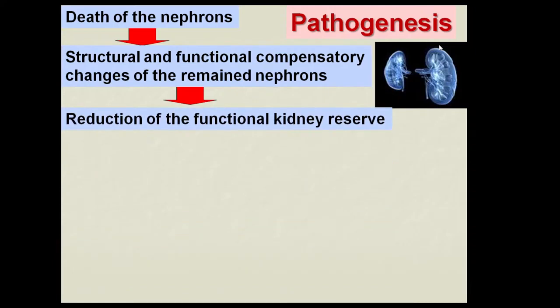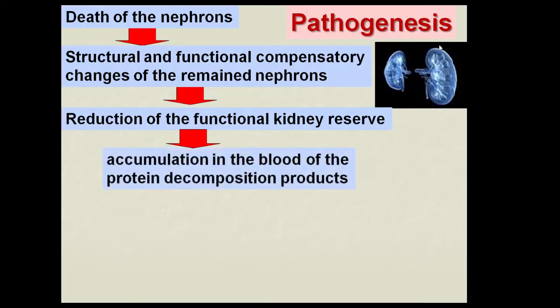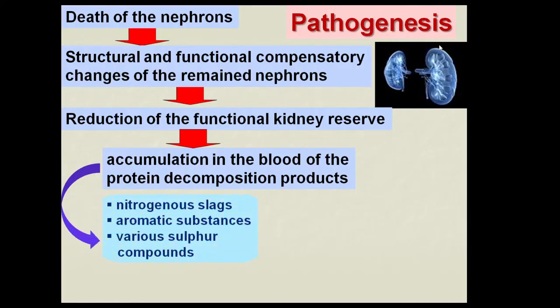But especially when both kidneys are involved in the pathological process, the functional kidney reserve progressively decreases. As a result, protein decomposition substances accumulate in the blood. These are nitrogen and sulfur compounds and aromatic substances, manifested by increased levels of nitrogen, creatinine, and urea, blood urea.